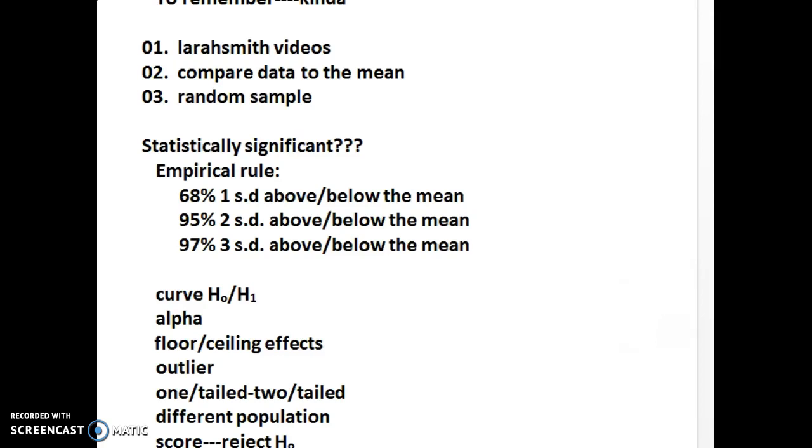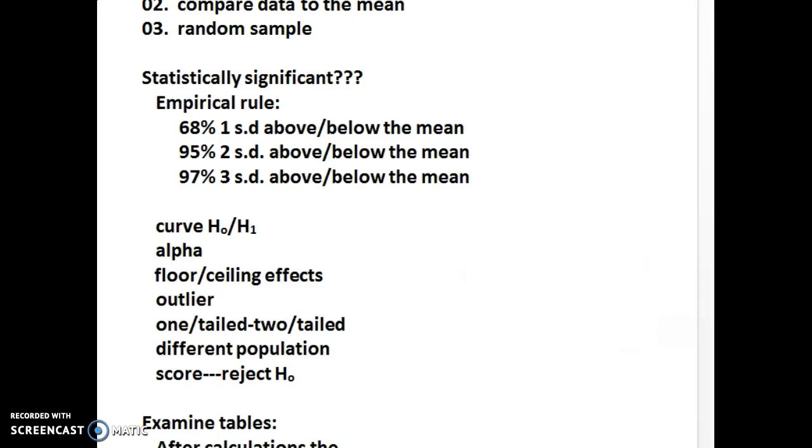This is in a normal curve. Okay, 95%, 2 standard deviations above and below the mean. And in the third standard deviation, if you include everything in there, it's 97%. That is the empirical rule. Don't you ever break the empirical rule, or I will come back and haunt you.